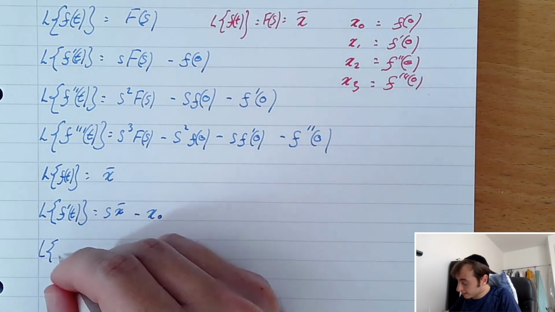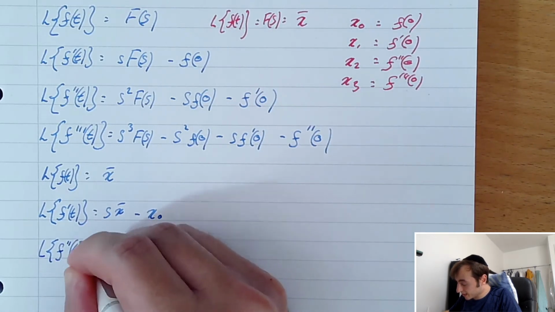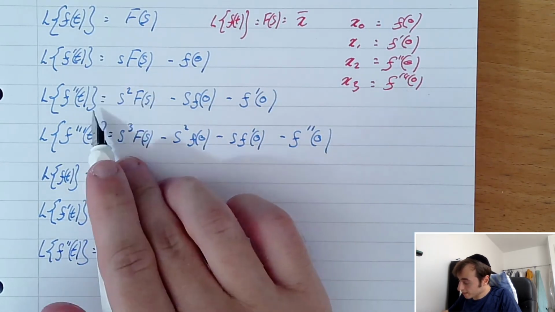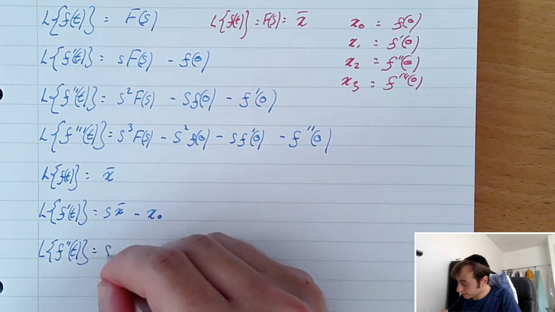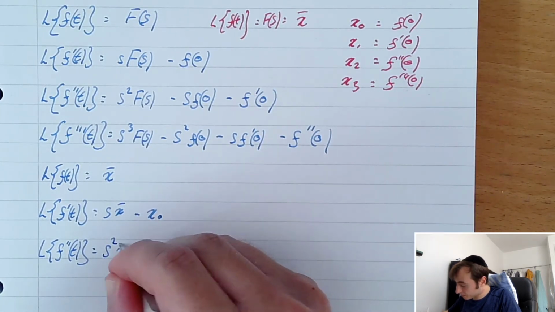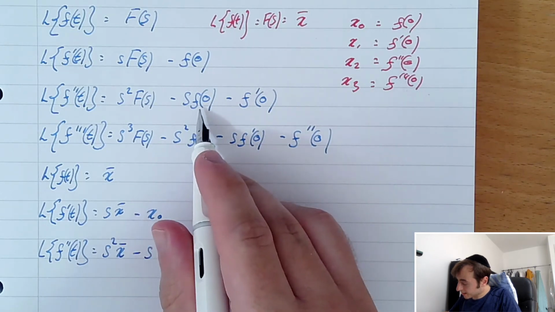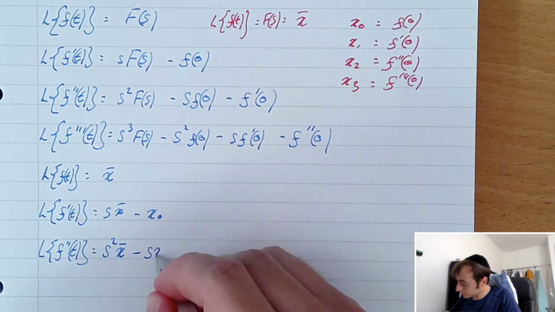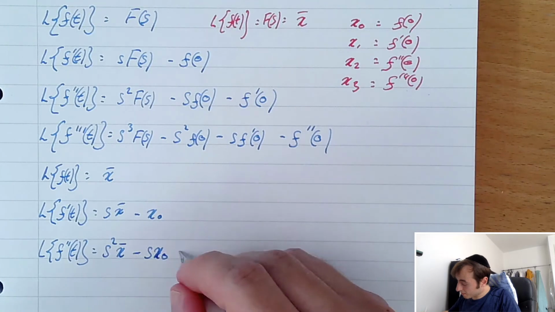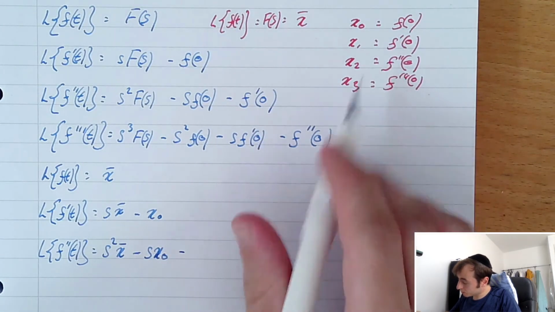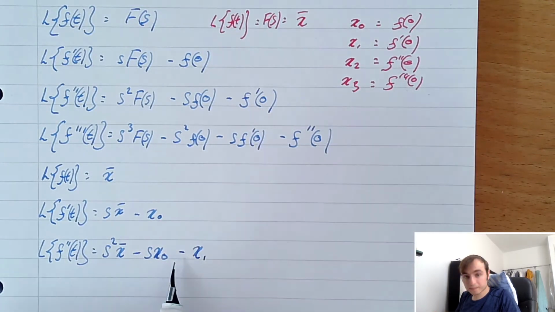Let's carry on. Now the Laplace transform of f double prime t is equal to s squared F of s, or that's x bar, minus s f naught, or f naught is x naught, minus f prime naught, or f prime naught is x1. Yep.